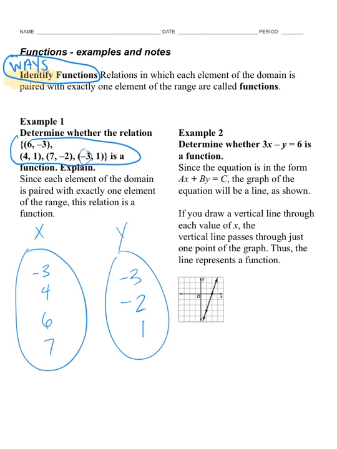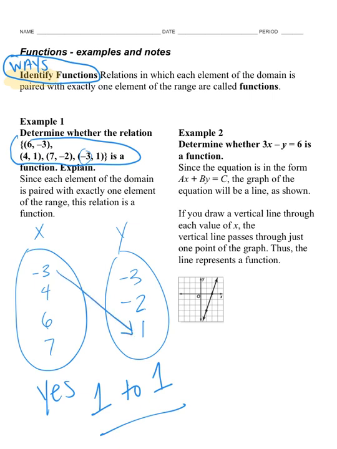The reason why this is yes is because each x value goes to exactly one y value. Or you can just say one to one. That's your reason. Because -3 goes to 1, right?